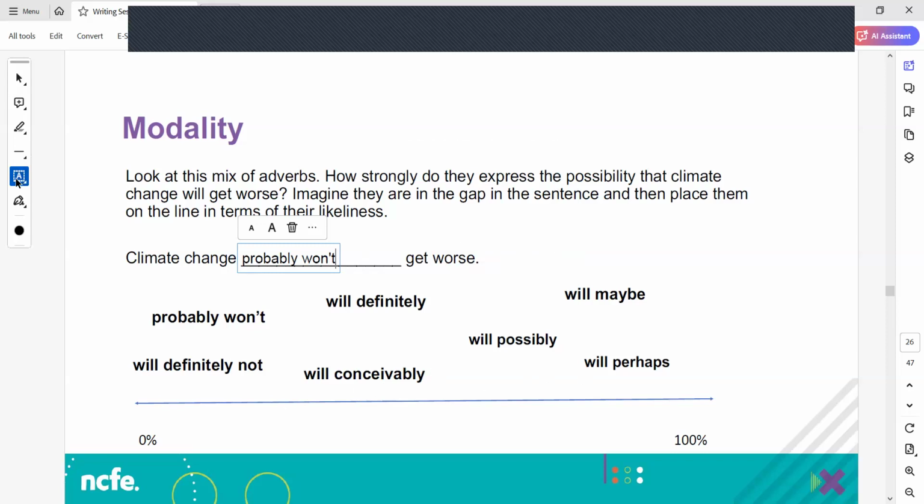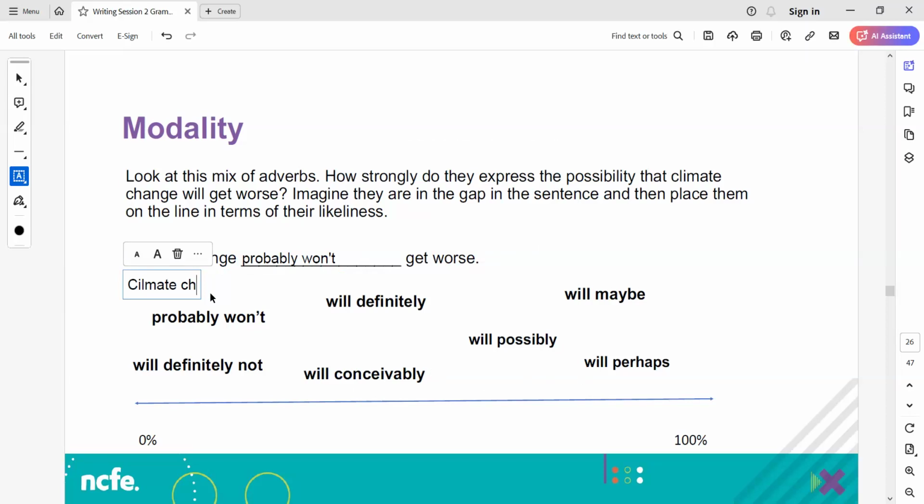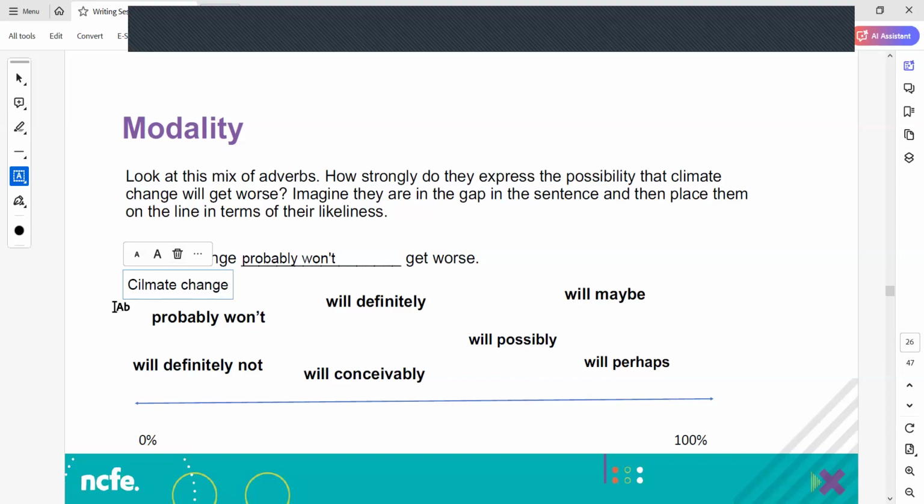Or if we wrote climate change, so how could I change the likeliness of climate change getting worse? Here I've put climate change probably won't get worse. Which one could I choose to change the likelihood of climate change getting worse?